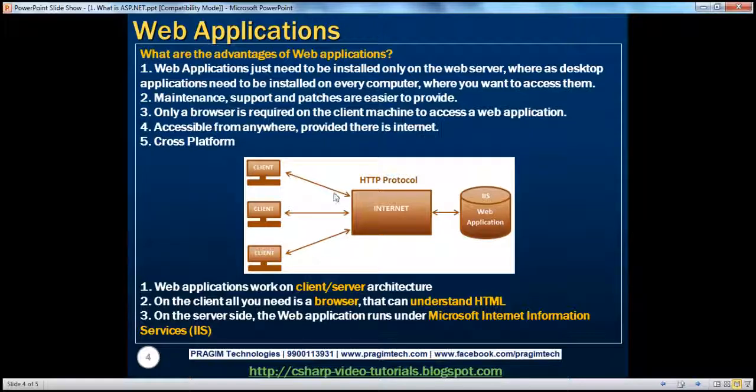When you make a request using a browser, using the protocol HTTP, it gets transmitted across the internet to the web server, which receives the request and hands it over to the web application, which will process the request, generate the HTML, and give it back to the IIS. IIS will then return that HTML back to the client who initially requested that. And we know that a browser can understand HTML. The browser will interpret that HTML and show that to the user.